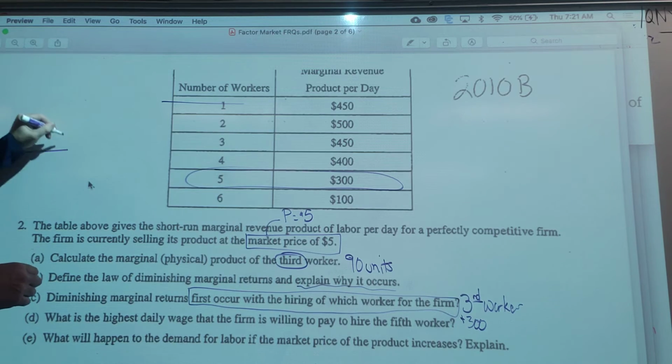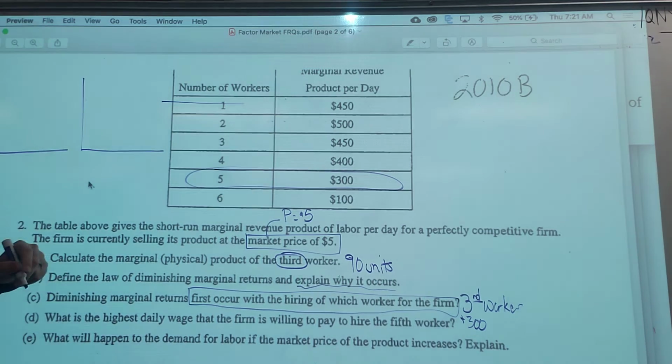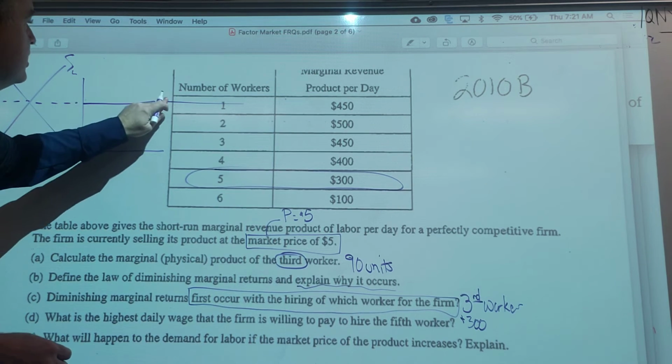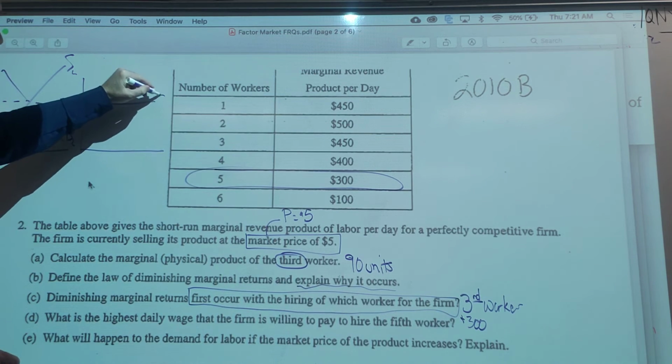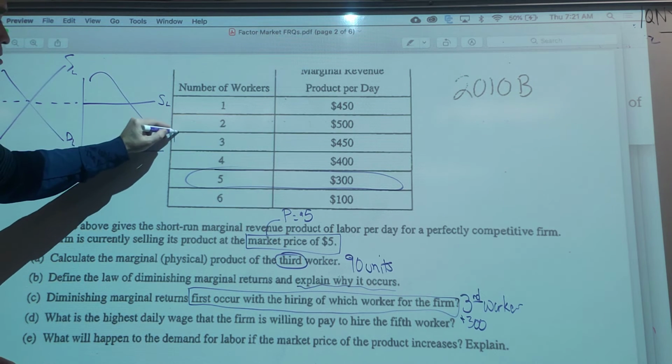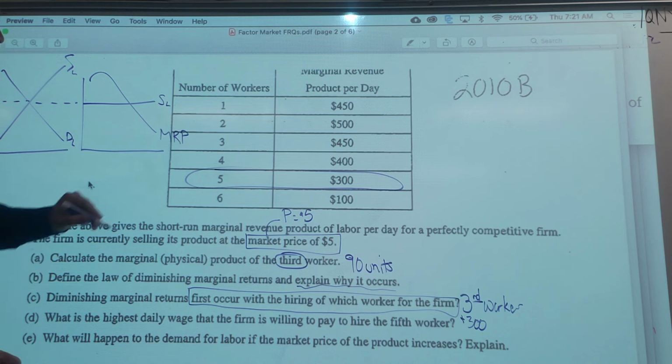We have our supply of labor and our demand for labor of the market, and this is the equilibrium wage rate, and remember, the firm is a wage taker. This is the supply of labor, and this is the marginal revenue product.